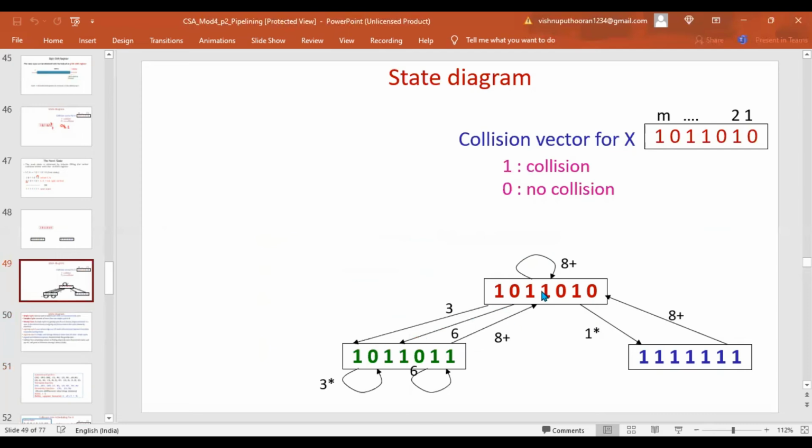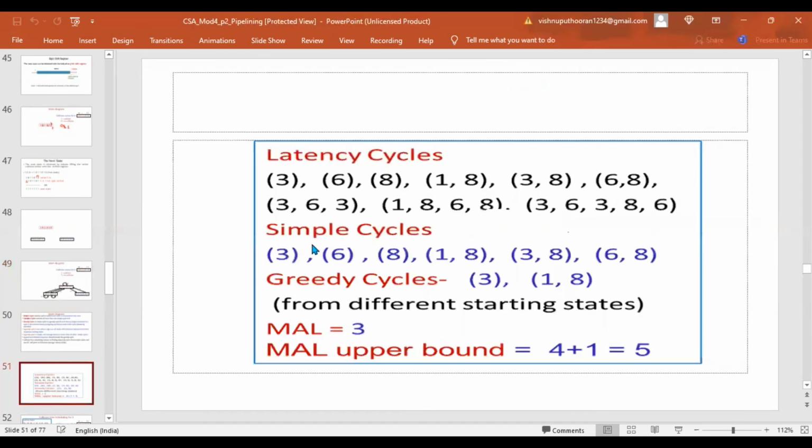Then 3 and 8 make a cycle. Then 6 and 8 make another cycle. Then 3 is a cycle. Then 6 is a cycle. So these are the set of cycles in this particular state transition diagram, the latencies which make some cycles.